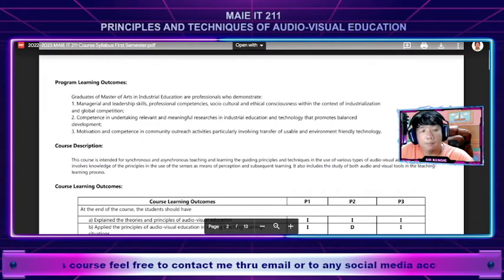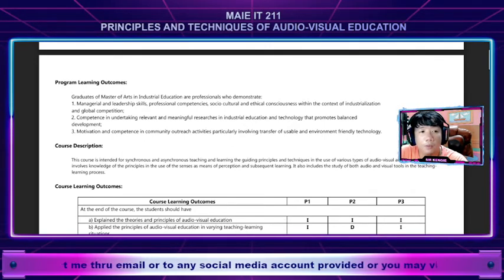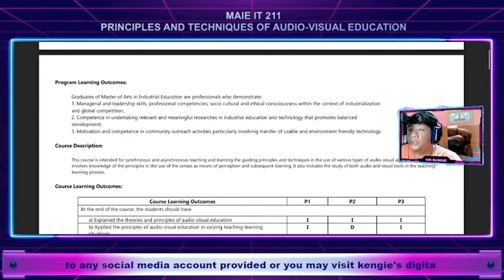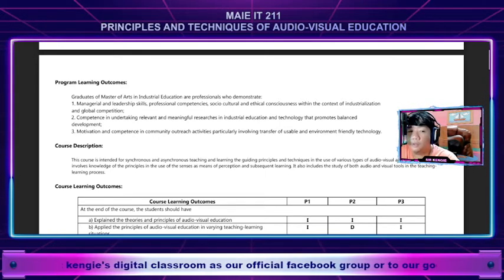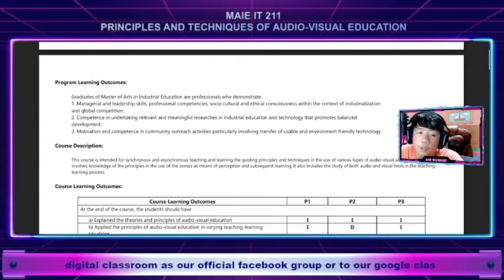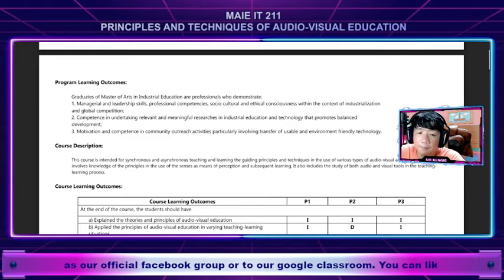So what is IE 211 or the Principles and Techniques of Audiovisual Education? This course is intended not only for synchronous and asynchronous. Now we are using blended learning. We'll be having in-person or face-to-face class or interaction with a combination of synchronous and asynchronous or online modality.